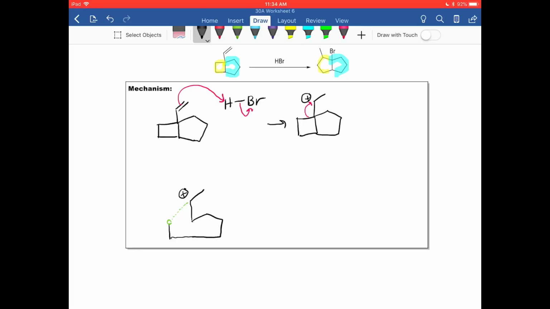And then form a new bond to this carbon here. So now I'm just shifting that bond. It used to be right here, and now I'm shifting it up this way. So in doing so, I'm now going to leave a positive charge here, and the positive charge up here is going to be gone.